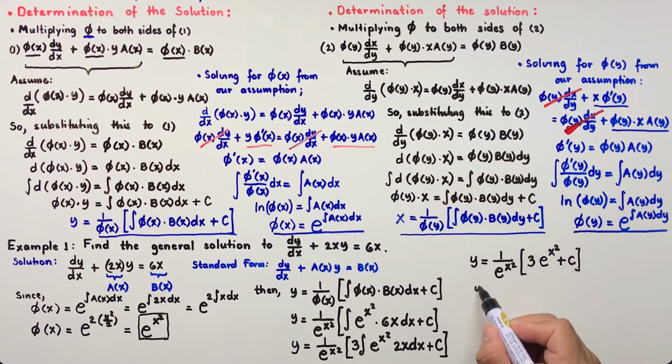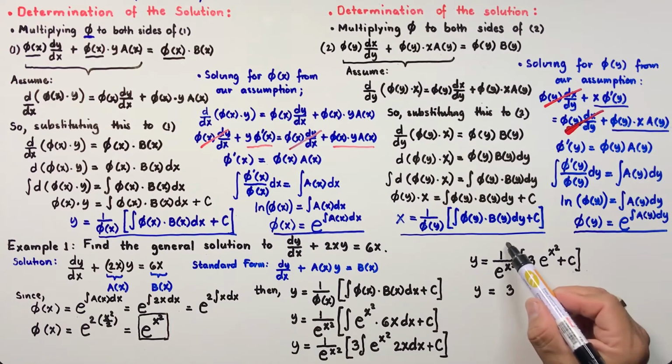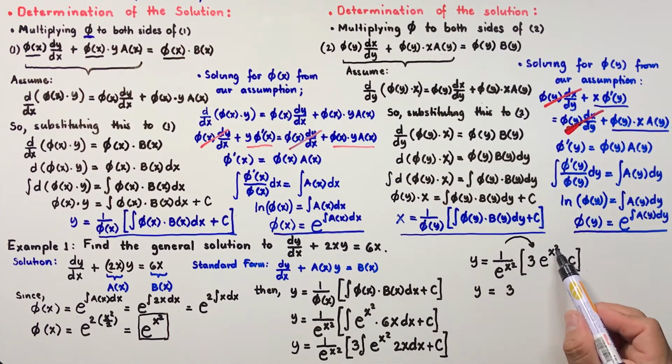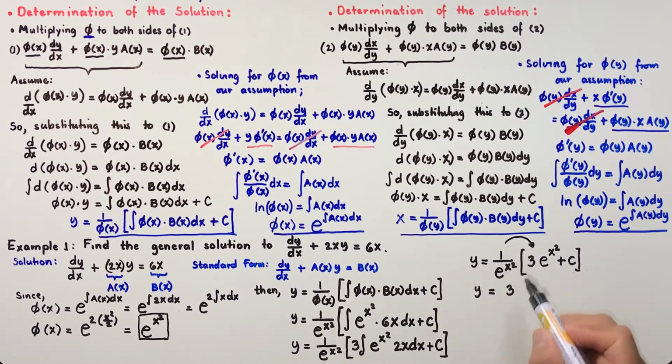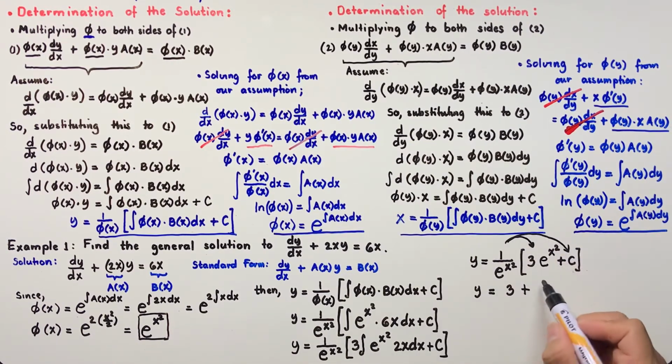So y is equal to 3 because if you distribute this one here, this e to the power x squared and this e to the power x squared will be cancelled. So what remains is 1 times 3, which is 3, plus this 1 times this c here. So this is c over e to the power x squared.